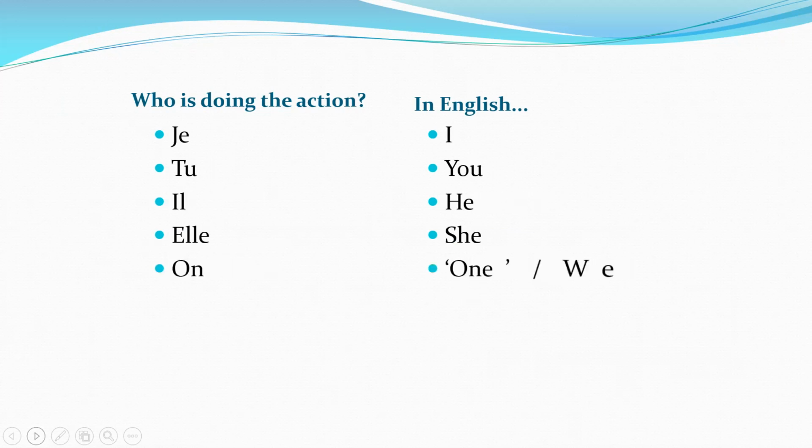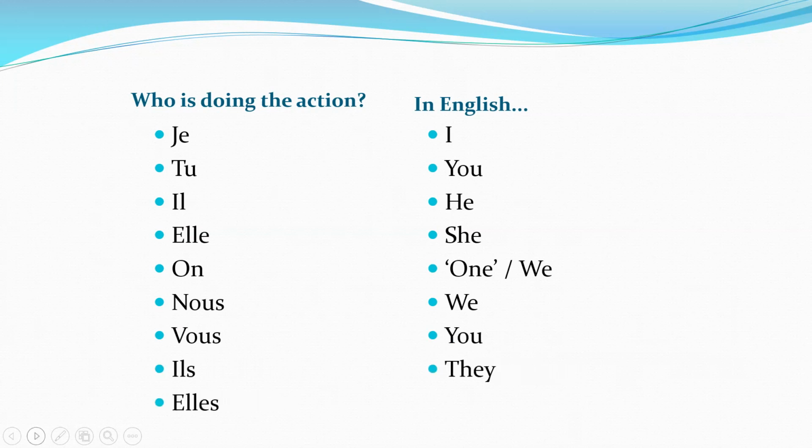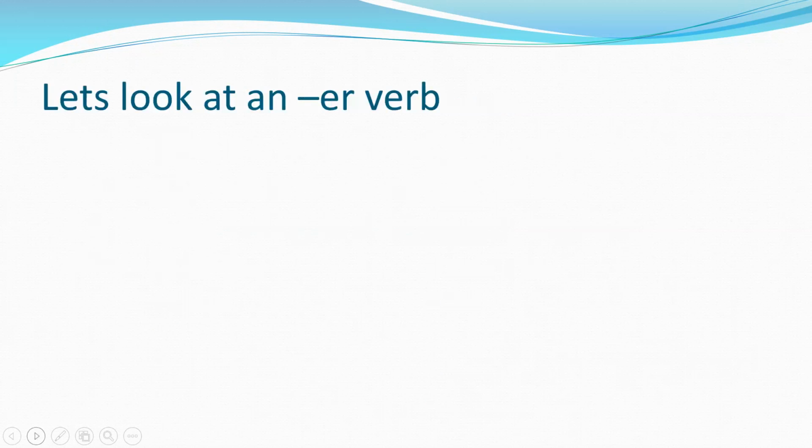What about on, one, or we, people in general? It could be nous, is it we? Are we all doing that activity? Or vous, is that you? Perhaps it's ils or elles, they, that are doing that activity and you're not involved. Je, tu, il, elle, on, nous, vous, ils and elles.